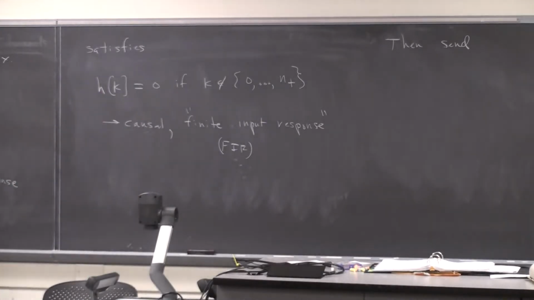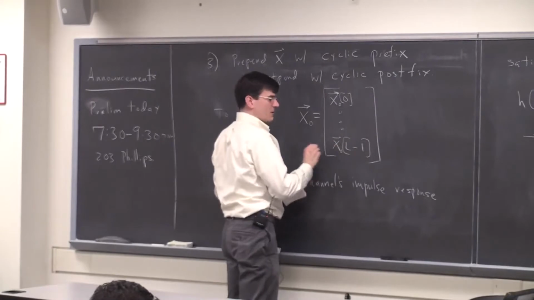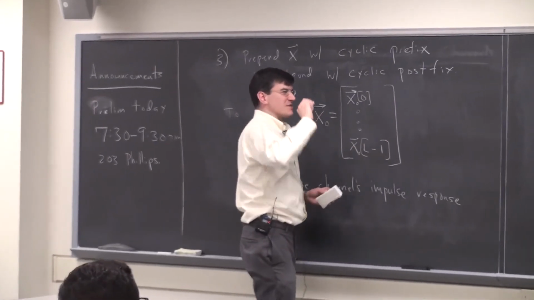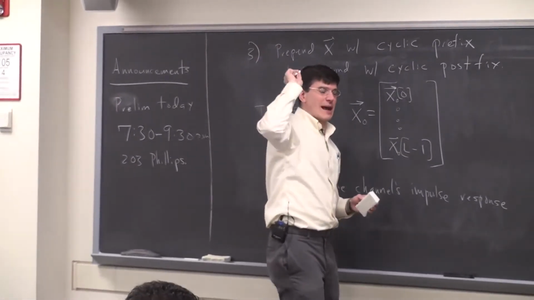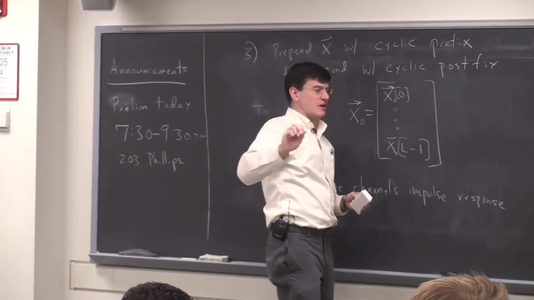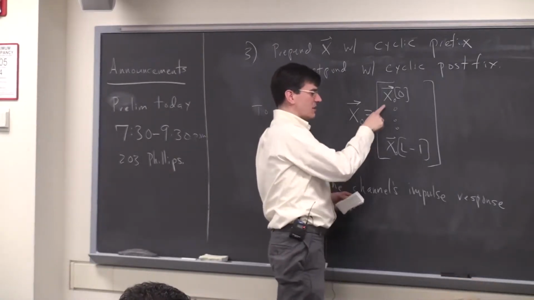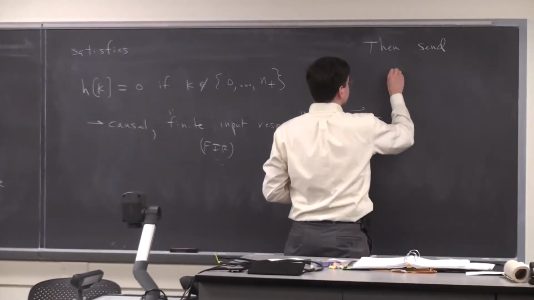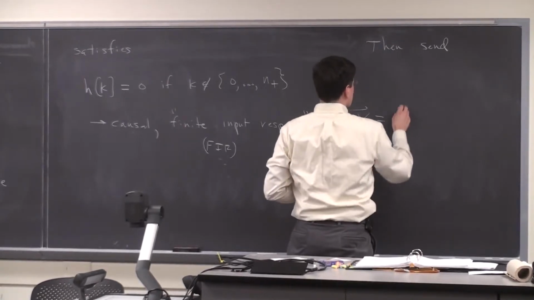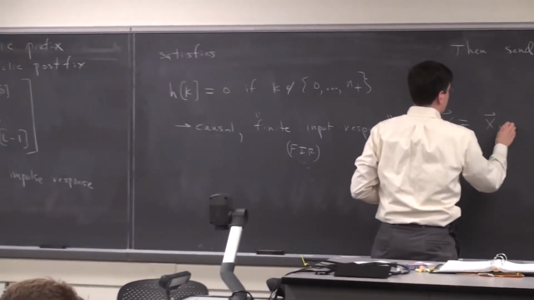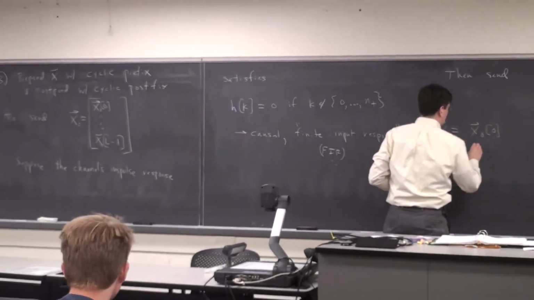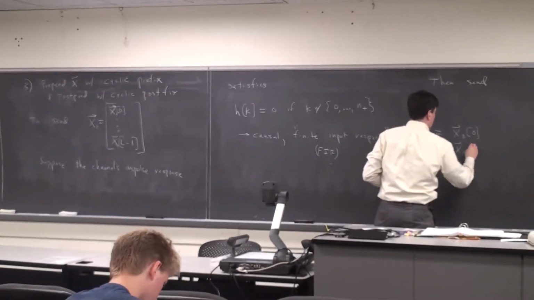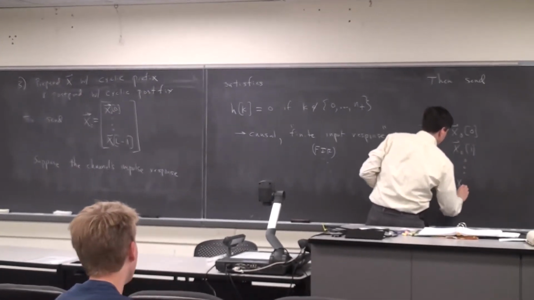I'd like to switch notation slightly here, actually. Let's use x0 for the vector that you're hoping to send, and x for the actual. I always want x to be the thing that actually goes over the channel. So x0 here will be the nominal thing you want to send, and the actual will be derived from x0.